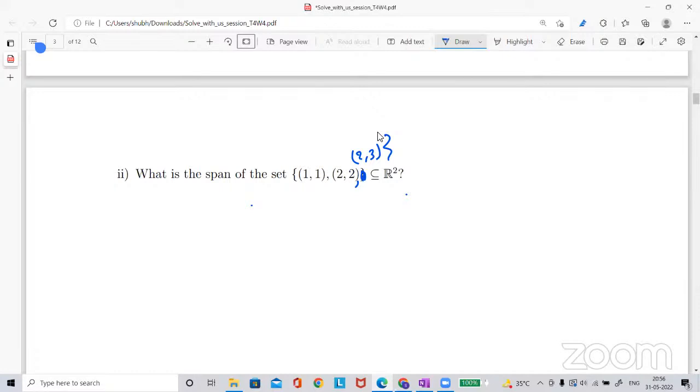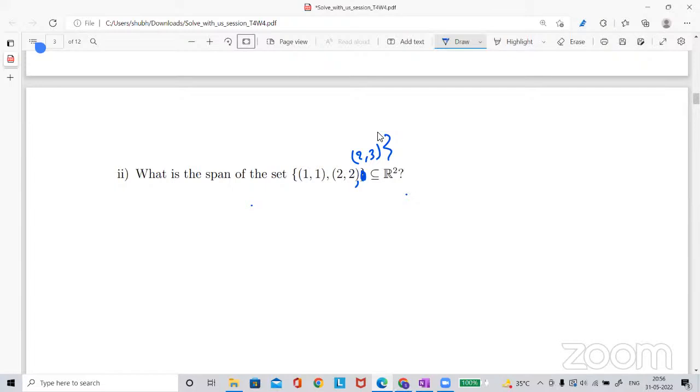So in this example, this is a superset, and only one vector is dependent on the other two, so every point can be created using those vectors. Even if you keep on adding vectors in this, it is still a spanning set of the same R2. It doesn't matter. Add 2 or 3 more vectors, then also it is R2.